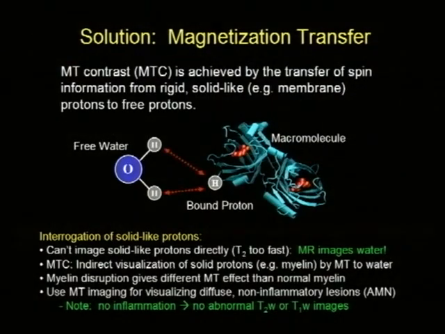Now, the magnetization transfer technique. The point of it is when myelin is normal, most of the water is bound up either in the axon or the myelin sheath, and there is little free water. When the myelin sheath or the axon are broken down, then the free water content increases a great deal. One cannot image free water.